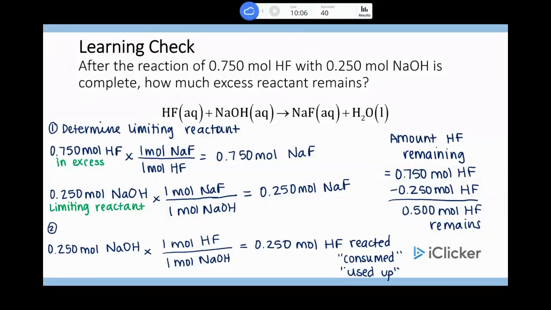So this means once the reaction is complete, you will have used up all of the sodium hydroxide because that's our limiting reactant. You use up some of the excess reactant, and you'd have 0.500 moles of the excess reactant present at the end of the reaction. Other questions on this?